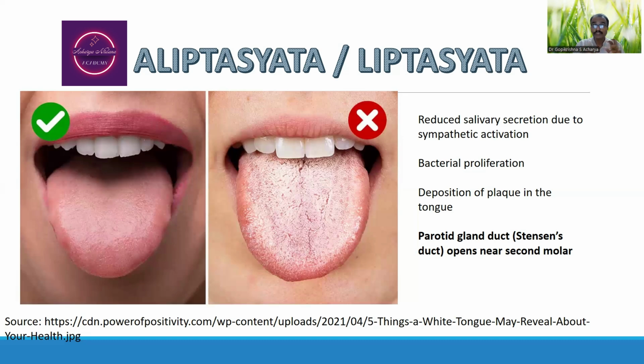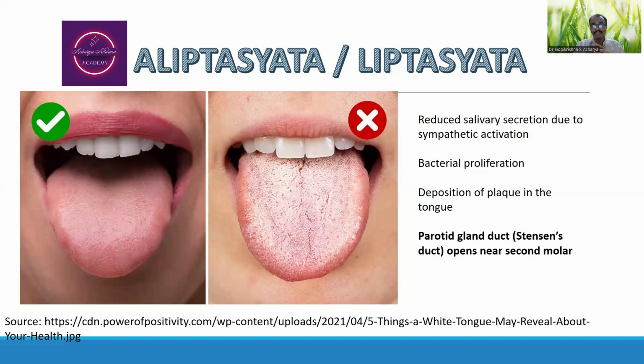Because of reduced salivary secretion, where lysozyme is present in the salivary secretion, which acts against the bacteria, the person will be having proliferation of the pathogenic bacteria, which is associated with the presence of the coating over the tongue.